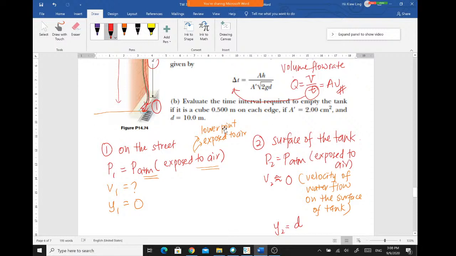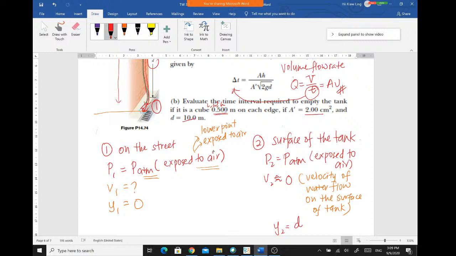The values are given. If the tank is a cube, the dimension is 0.5 meter on each edge, whether length, width, or height. A prime is 2 centimeter squared, and D is 10 meter.